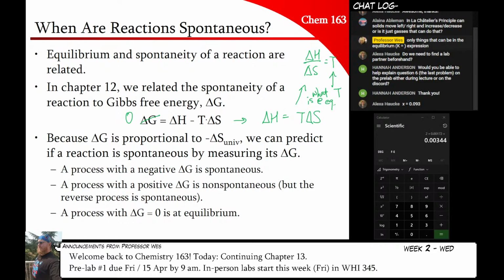So if I have any reaction and I want to figure out what temperature I need to heat it to get it to equilibrium, and then I can heat it past that or cool it below that to make the reaction spontaneous, we can figure out how to make any reaction go in our favor. Potentially. Some reactions are going to turn out will never be spontaneous.